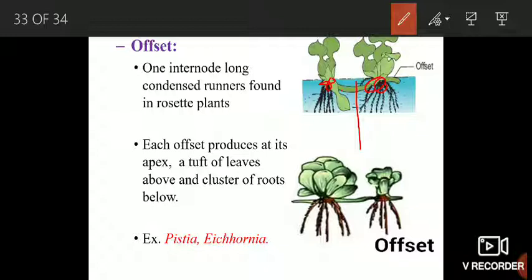I will repeat. If you have a runner and that runner is one internode long, at that time it is known as an offset. And offsets are present in aquatic plants which have a rosette structure. Rosette means you have a bunch of leaves above and a cluster of rootlets below.